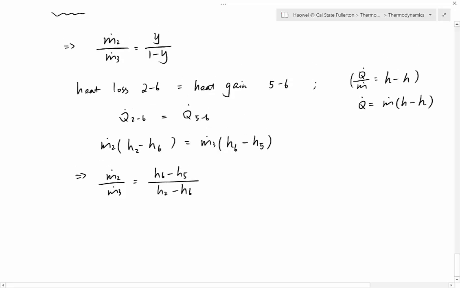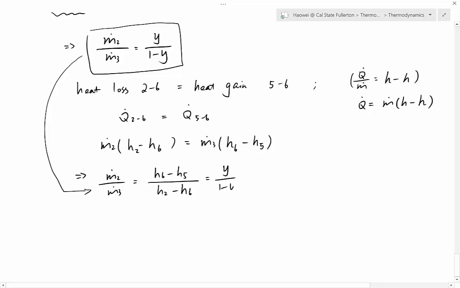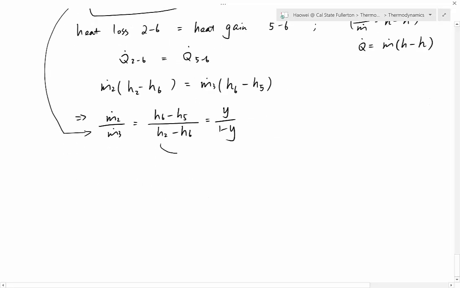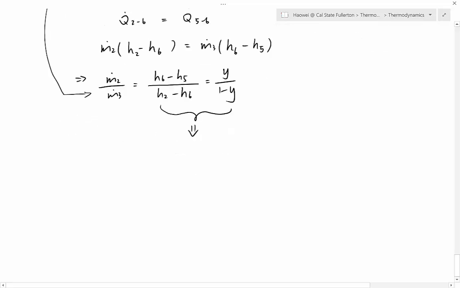And don't forget, we just defined m dot 2 over m dot 3. So we can continue to rewrite m dot 2 over m dot 3 with y over 1 minus y. And from here, we can solve for y. What is y? You just perform the algebra.